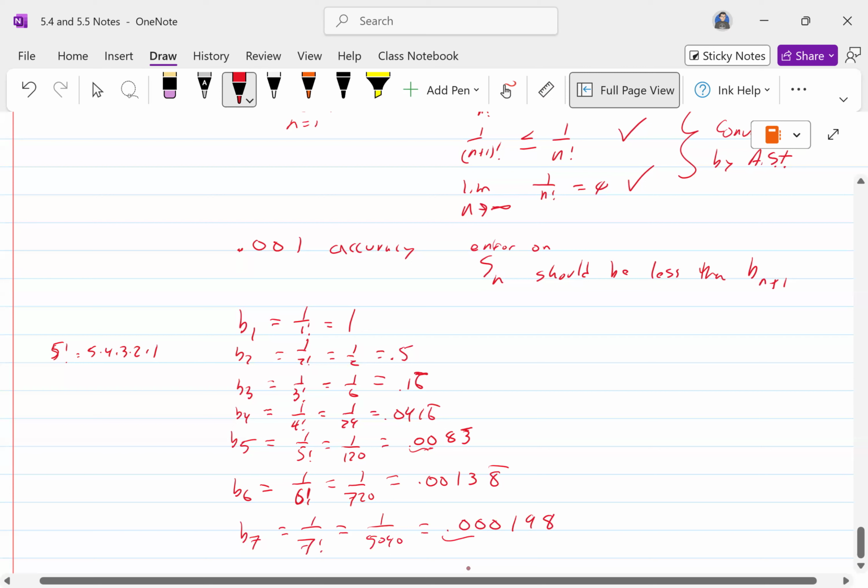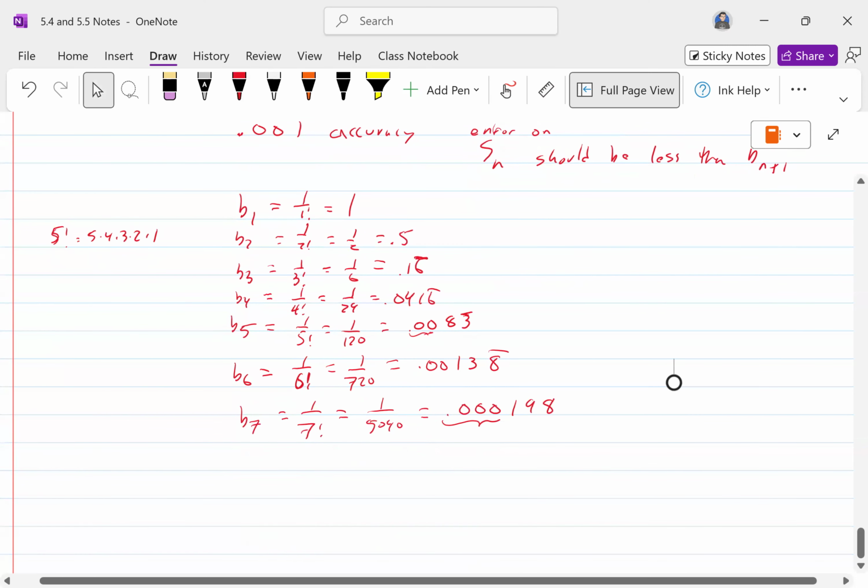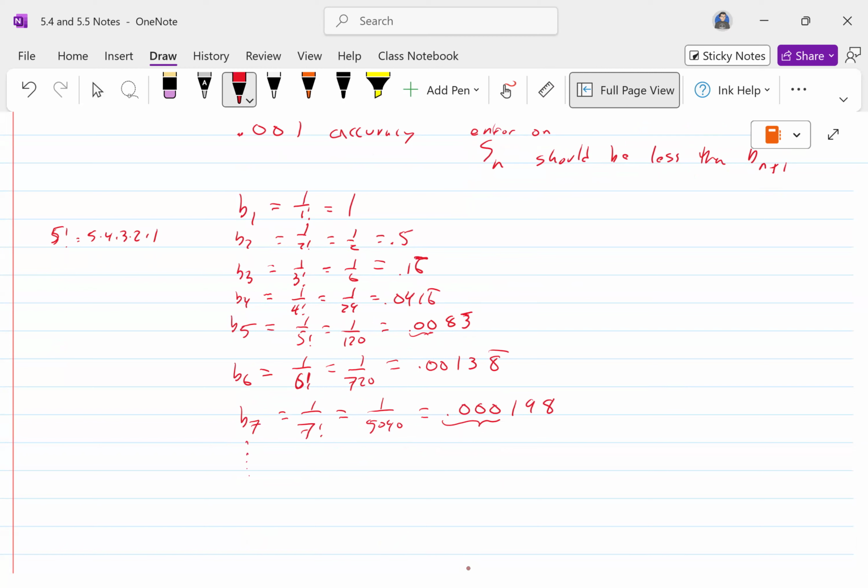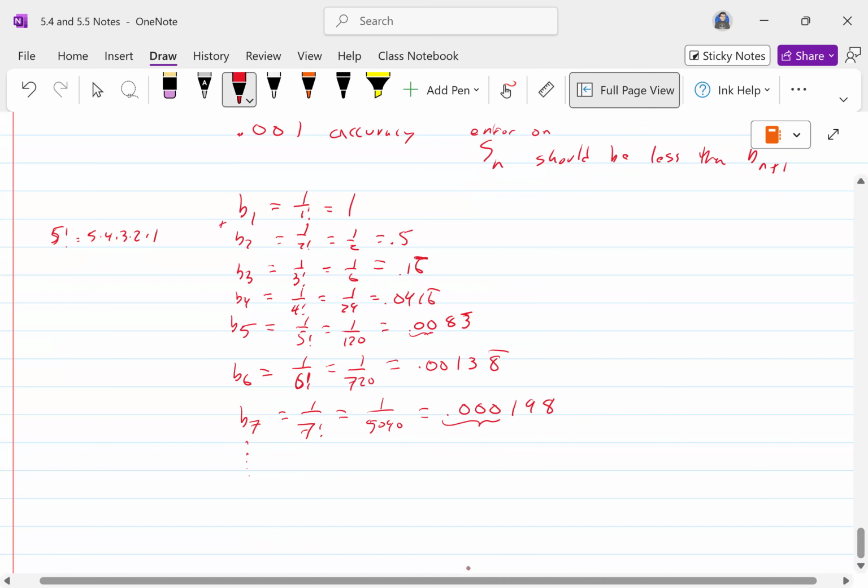Here we have 3 decimal place accuracy. If we continue on, we're not going to be adding or subtracting anything that's going to affect my sum. Remember, we're adding all these values up to get our partial sums.